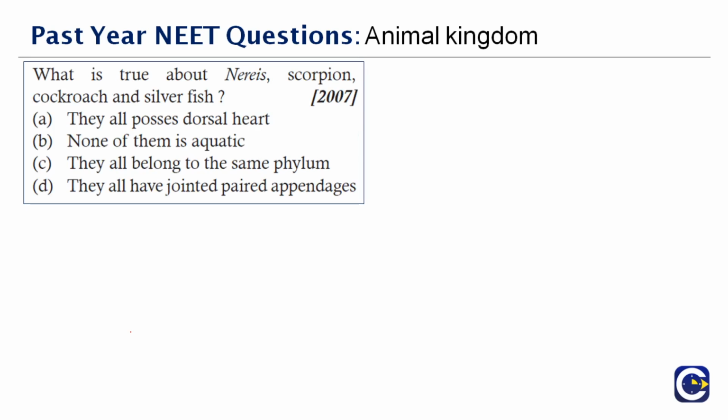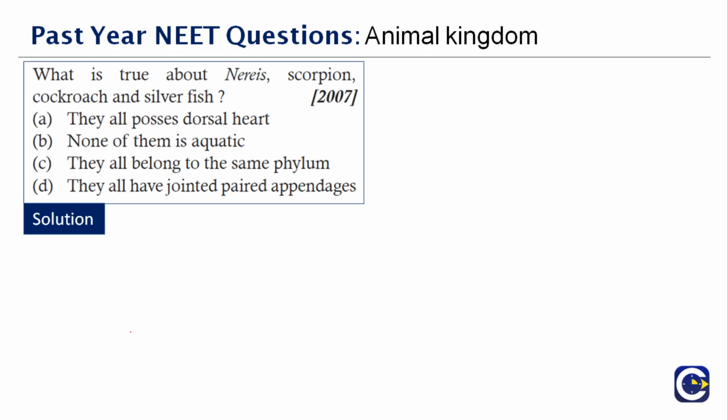What is true about Nereis, scorpion, cockroach and silverfish? What do they have in common? Now, what is this silverfish? Since the name has fish, it doesn't mean it resides in water. This is actually an insect, and it's prevalent in almost every house.